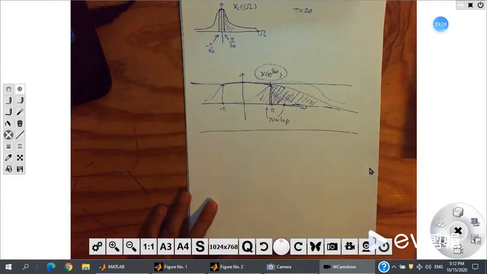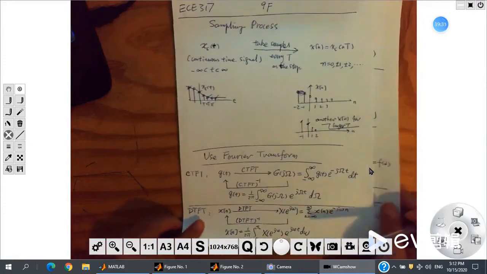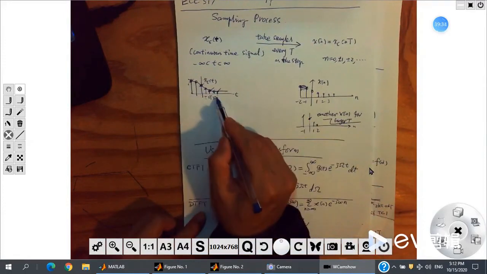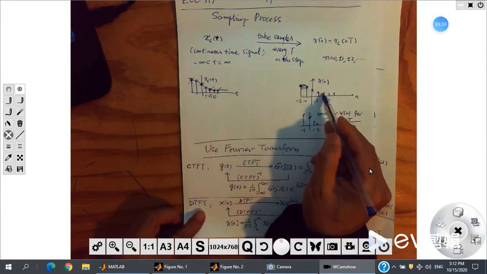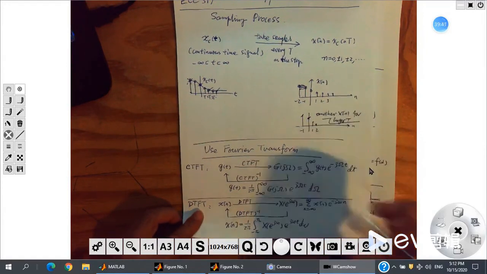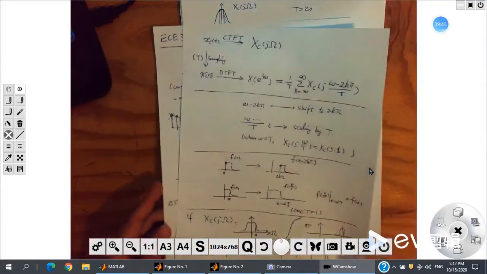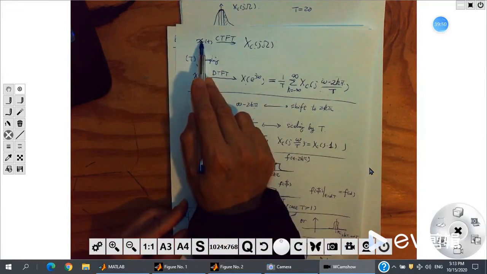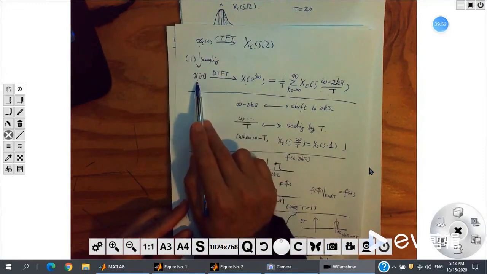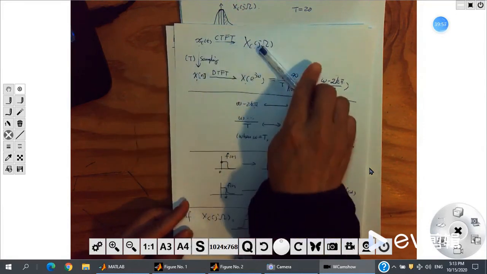So far, we consider two things. One thing is when we take samples, what happened in the time domain? This is quite simple. You just take samples, right? From a continuous curve, you have a list of values. The second one is what happened in the frequency domain. We perform the Fourier transform of both the original continuous-time signal and the sampled discrete-time signal.